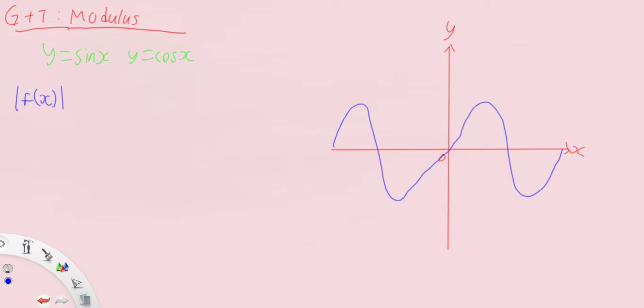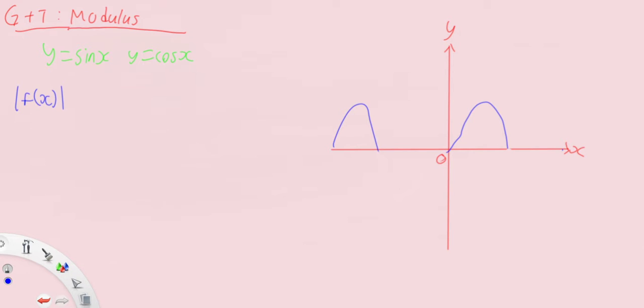Of course, if we want the modulus sine x, it will simply be the reflection of the negative region, and as such, instead of getting the parts at the bottom, you'll get them on top instead. If I edit this graph a little bit, the humps are on top, just like a camel hump, but now it's in the positive.